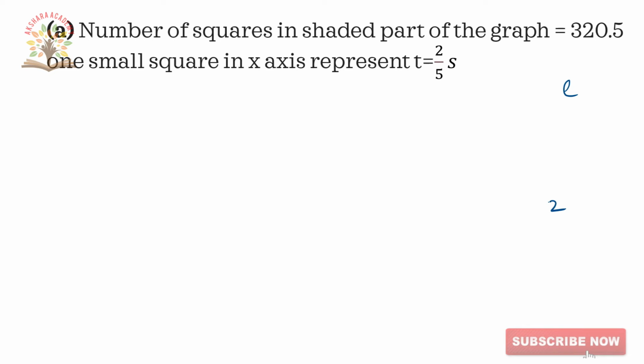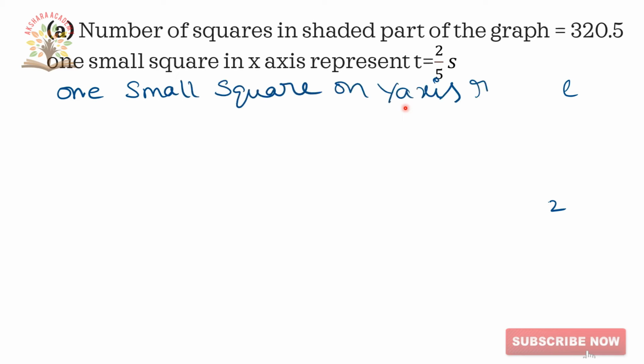Now we are finding the number of squares in the shaded part from the graph, that is 320.5, and one small square on the x-axis represents t is equal to 2 by 5 seconds, and one small square on the y-axis represents v is equal to 2 by 3 meters per second.